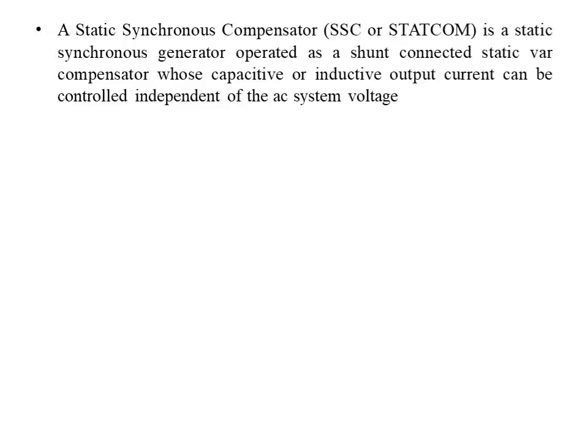So this static synchronous compensator is a static synchronous generator operated as a shunt connected static compensator whose capacitive or inductive output current can be controlled independent of AC system voltage. Since this compensator is connected in shunt, we can inject or absorb current from the system. That means we can inject reactive power or absorb reactive power from this system, thus controlling the entire power flow of the system.